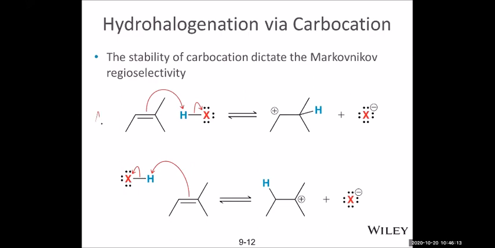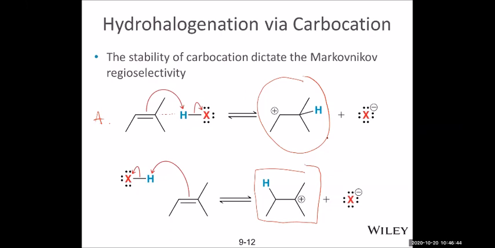The first scenario is when the hydrogen attaches here to form a bond. You get this as a carbocation, and the other product is the halide. And the other way is hydrogen attached here, so you get a different reaction intermediate.